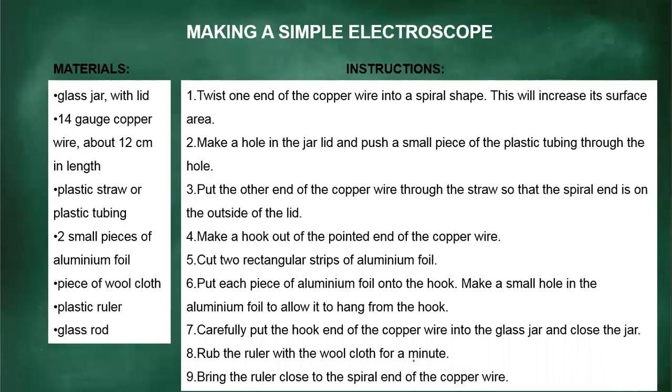Your cloth must be cool, and then bring the ruler closer to the spiral end of the copper wire. And you must notice what happens to the aluminum foil after you rub the ruler with the wool and bring it close to the spiral end of the copper wire.